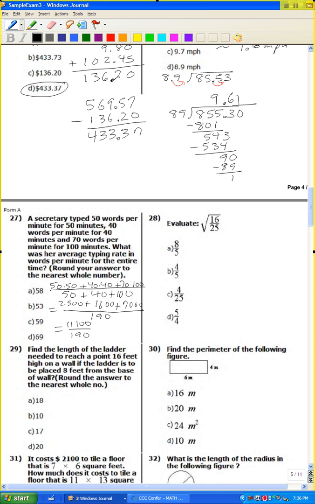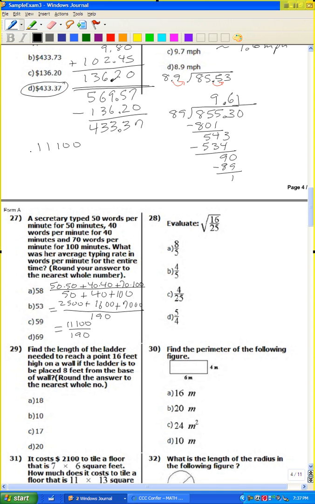Well, let's round your answer to the nearest whole number. Okay, so let's do that. Let me get a little more space here. And so 11100.